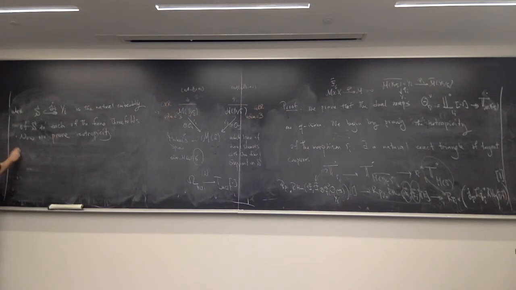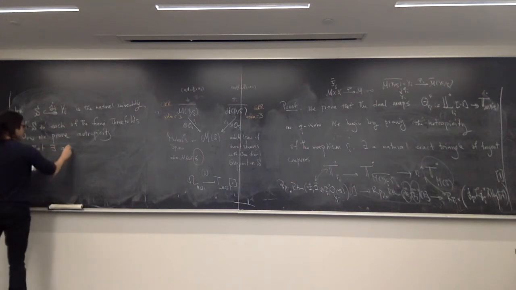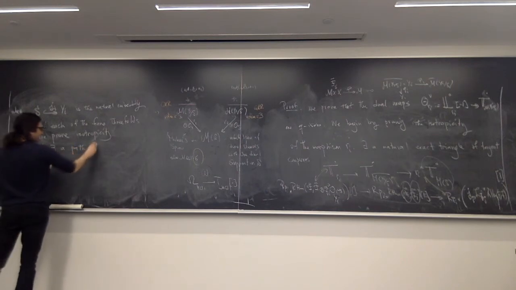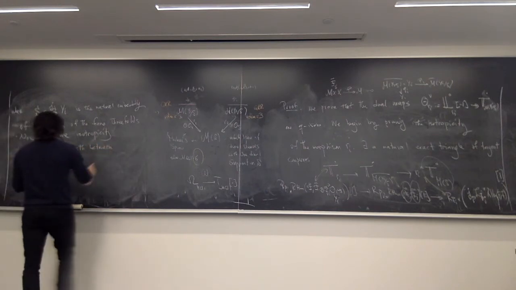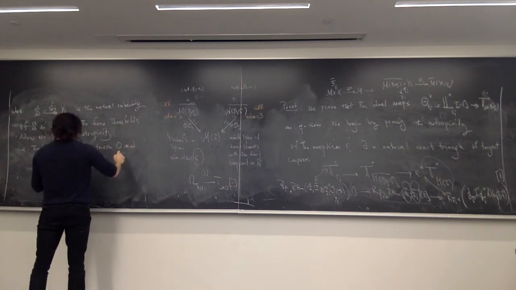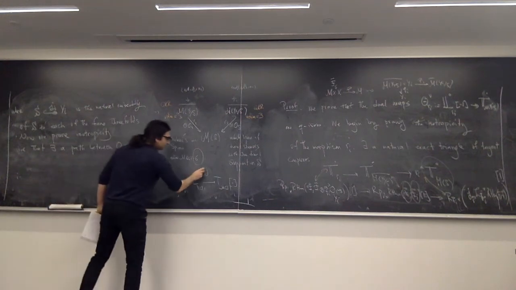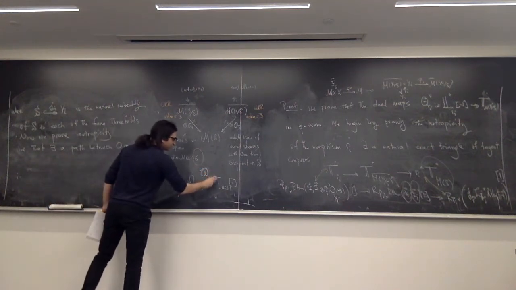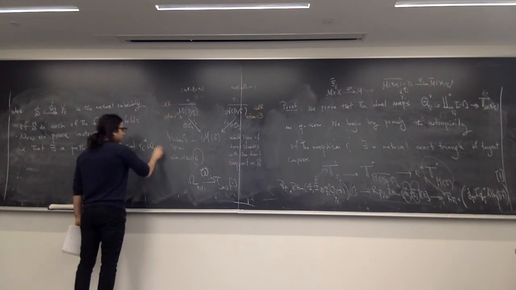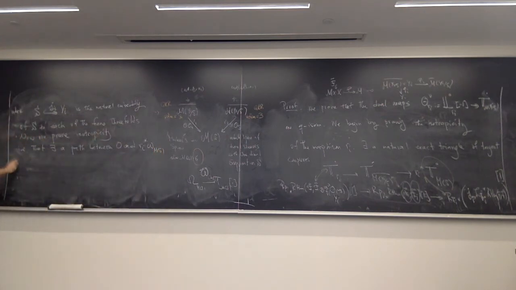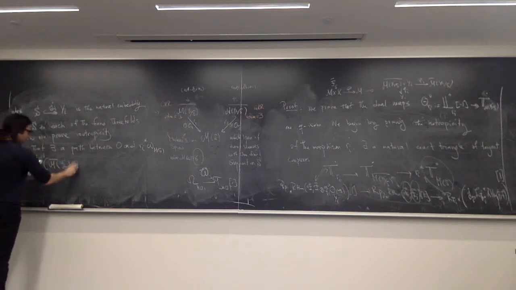For isotropicity, I mean that there exists a path between 0 and the pullback of omega, and this is the omega of N_S, in the space of closed two forms on each one of these compactified relative moduli spaces of degree n.